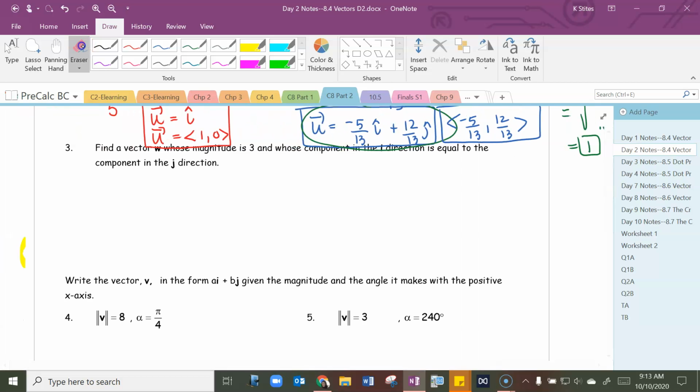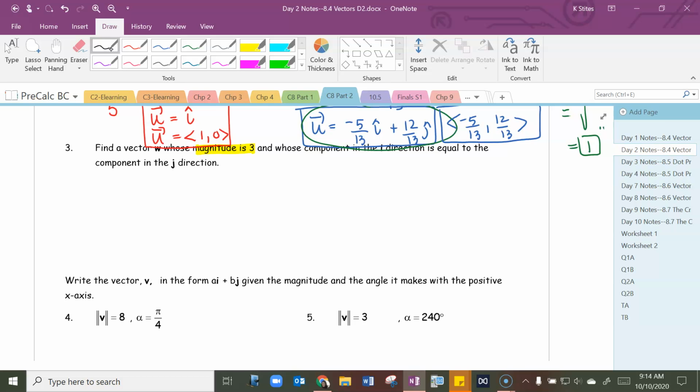We're going to find a vector W whose magnitude is 3, and whose component in the I direction is equal to the component in the J direction. Well, they didn't tell you what the I component and J component are. They just told you they're equal.